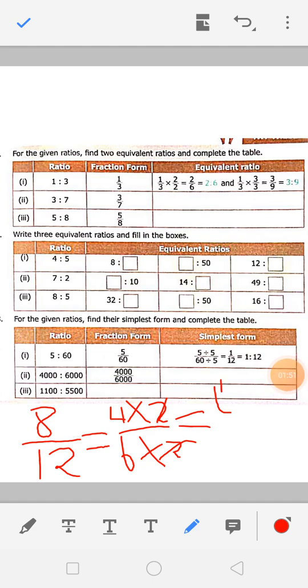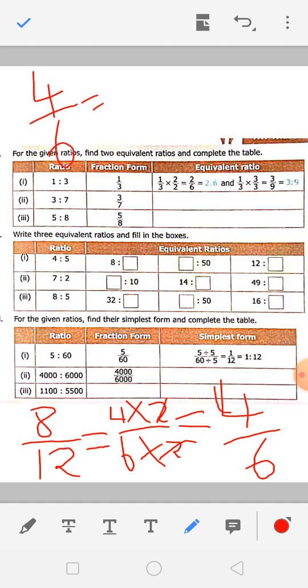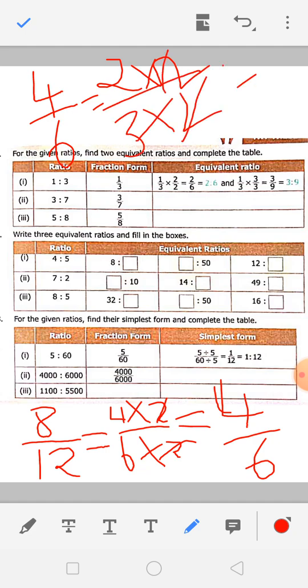This 4 by 6 we can simplify. How? The 2 table: 2 2s are 4 divided by 3 2s are 6. Correct? 2 cancels. Answer is 2 by 3.